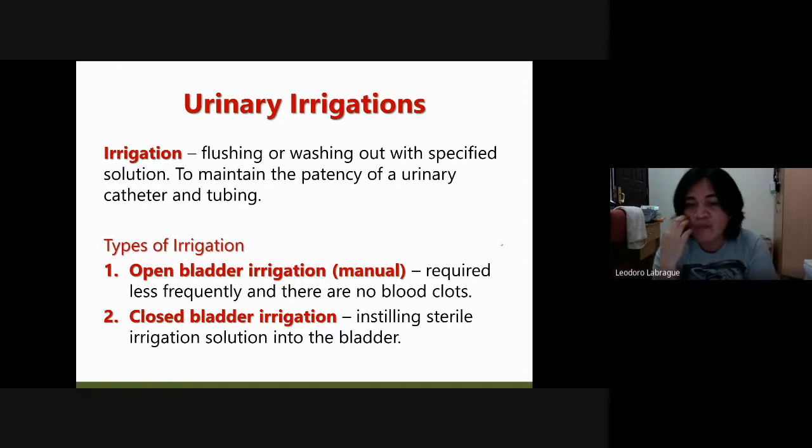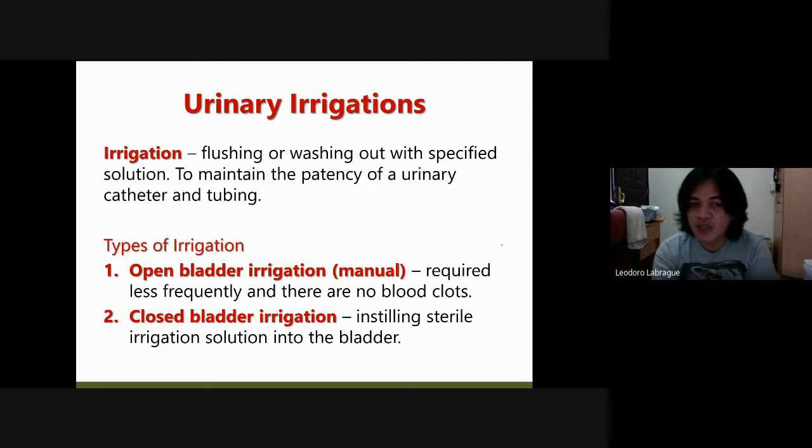So how do you stop the bleeding there? With the use of urinary irrigation. And usually, we use a cold solution in order to cause constriction, in order to prevent bleeding or hemorrhage of the urinary bladder.